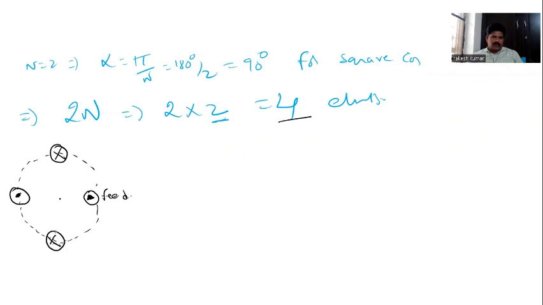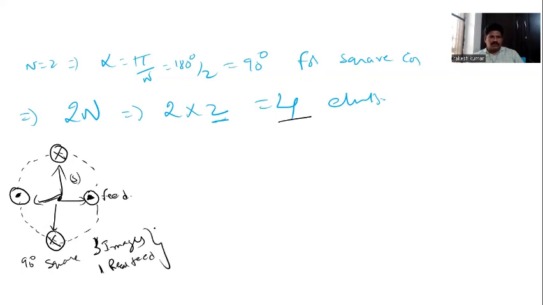So for 90 degrees, all are separated by the distance S. Here for a 90 degree square reflector, how many images and how many real elements? 3 images and 1 real feed, so totally 4 elements. This is for the square corner reflector.